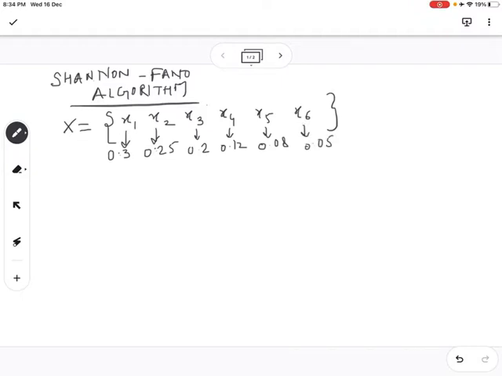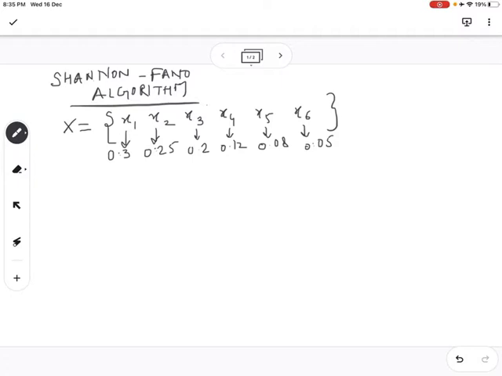So the probability of occurrence is like this. To find the coding for this numerical, there are several steps.